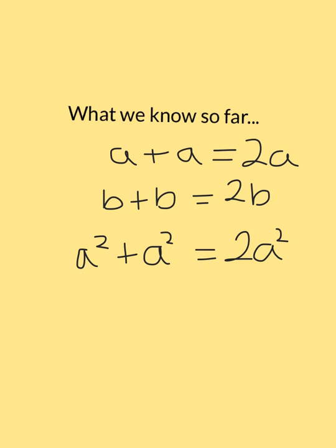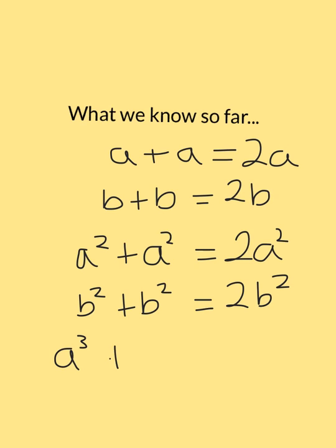We change nothing about the a squared term, except for the number in front. Similarly, if I have b squared plus b squared, I'm just going to get 2b squared. Finally, I can also do this with cubes. So, if I have a cubed plus a cubed, I get 2a cubed.